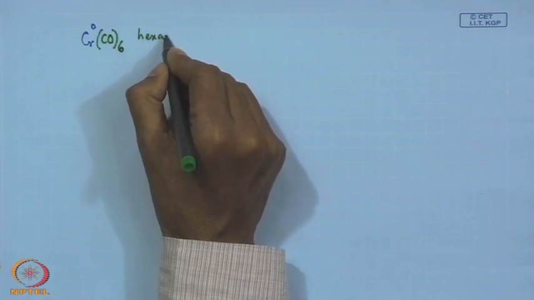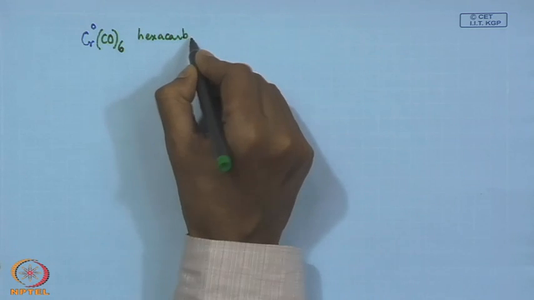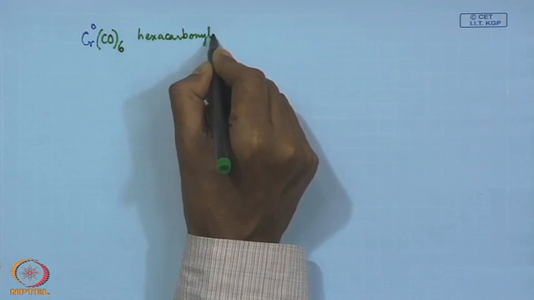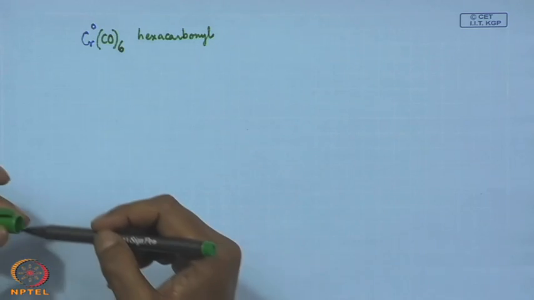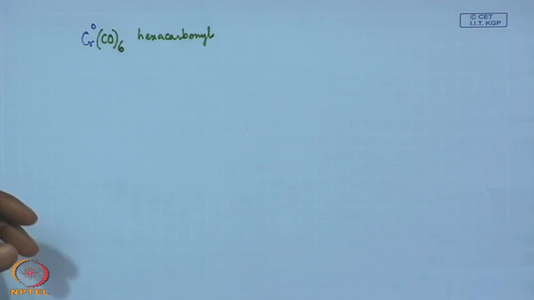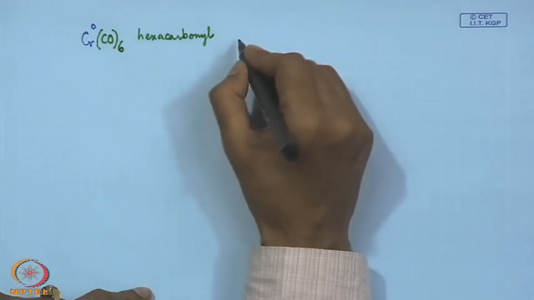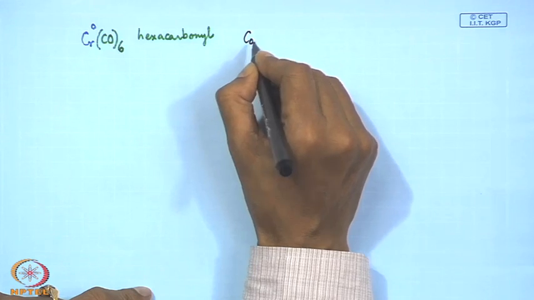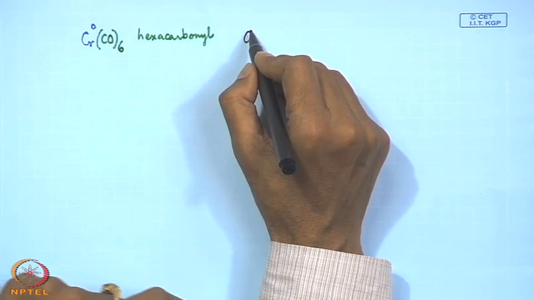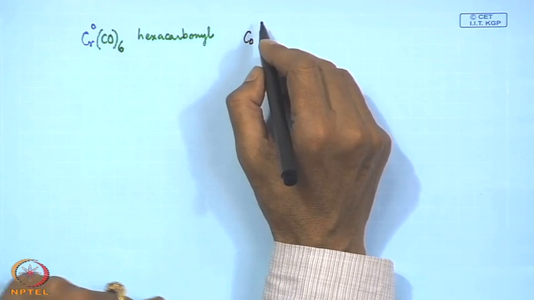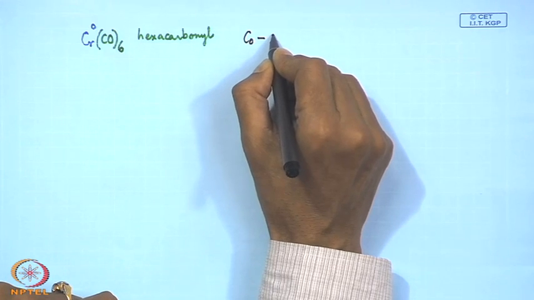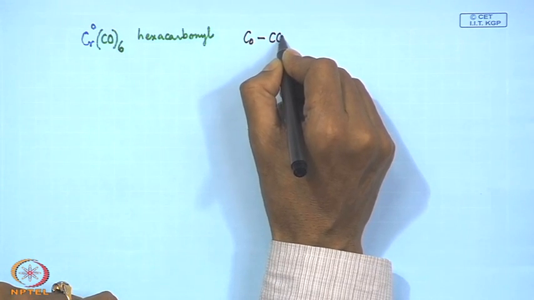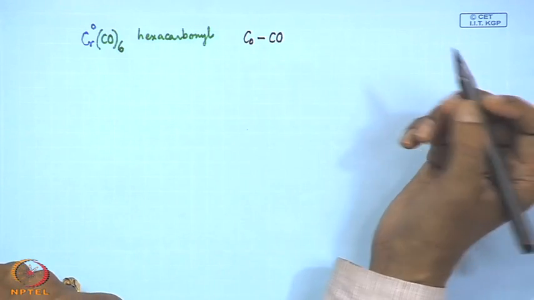So, this hexacarbonyl formation gives us some important clue that this chromium center, whether it is in the +2 or +3 oxidation state or the 0 oxidation state, can show some interaction with the carbon monoxide molecule.